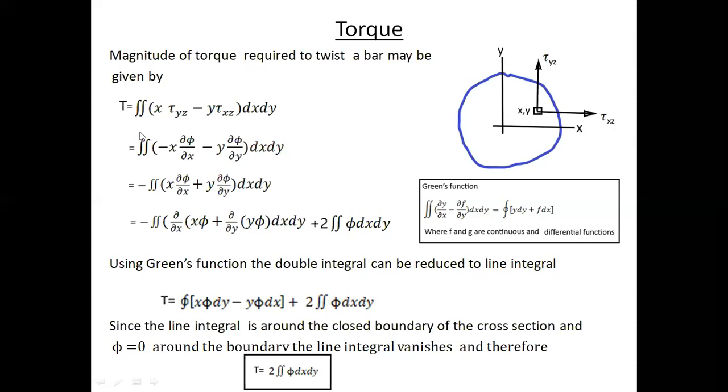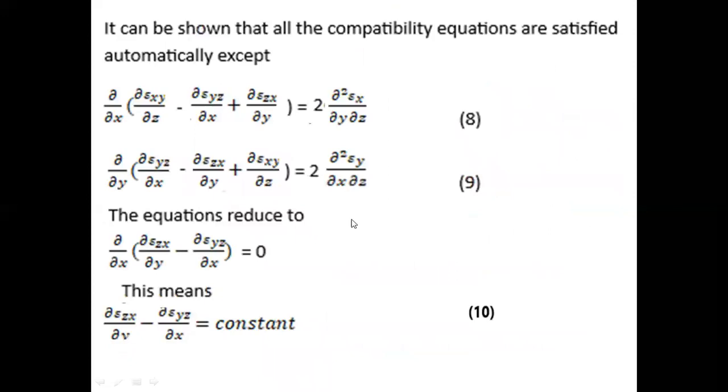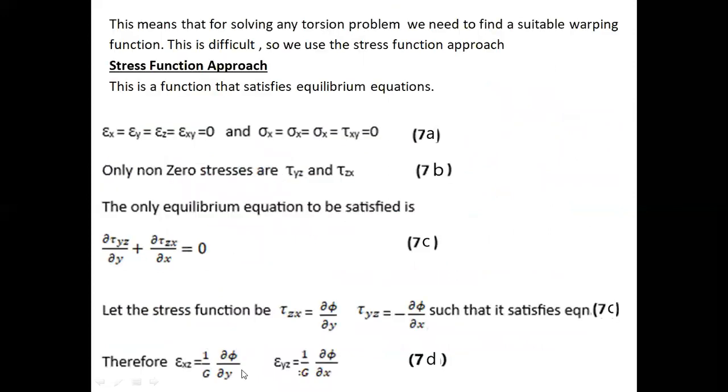So when we double integrate this, this comes down to minus, and we substitute the values of tau xz and tau yz: 1 by G del phi by del y and 1 by G del phi by del x.